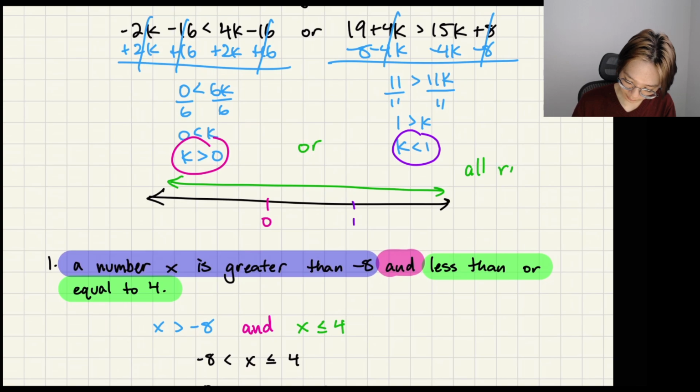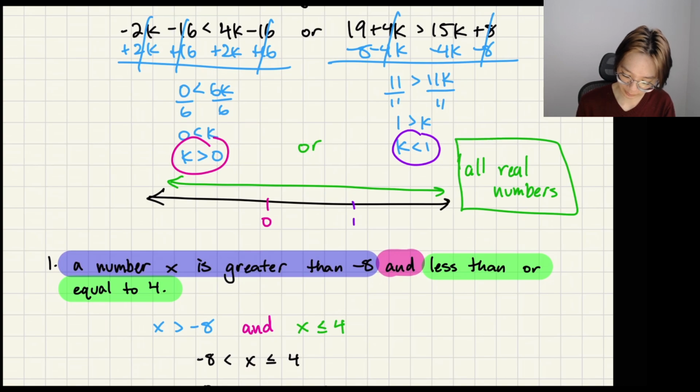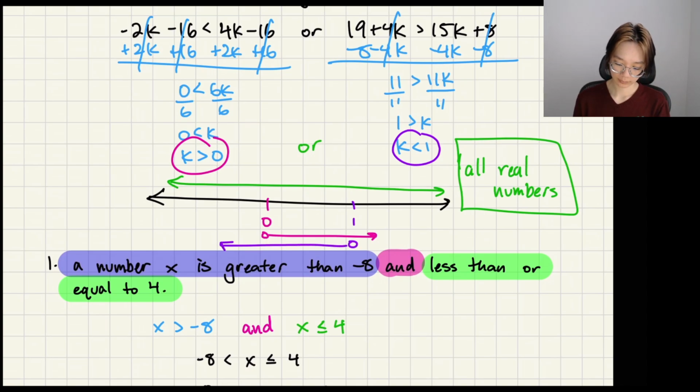That's all real numbers. And that's what the graph would look like over there. Only one of them is true at all times.